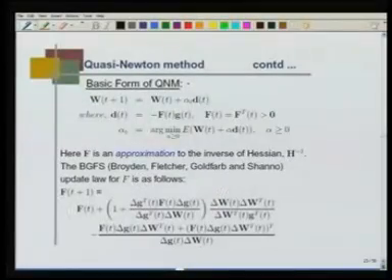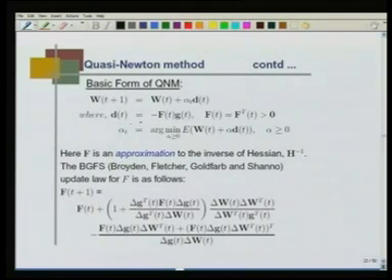So, the basic form of the Quasi-Newton method is that my new weight is old weight plus alpha t dt, whereas this dt is an approximation of the function, that is H inverse gt.